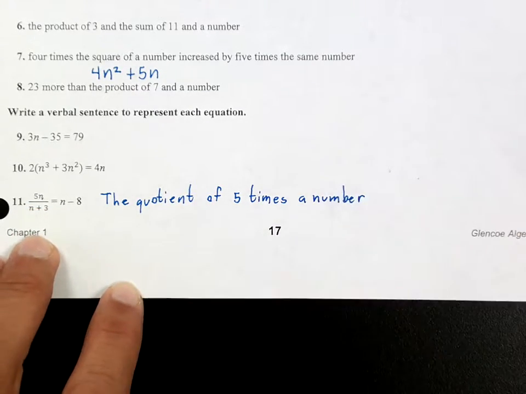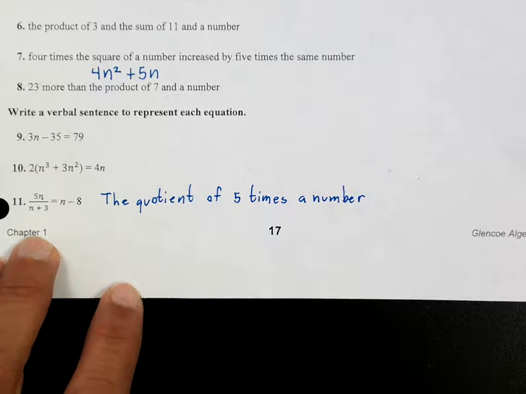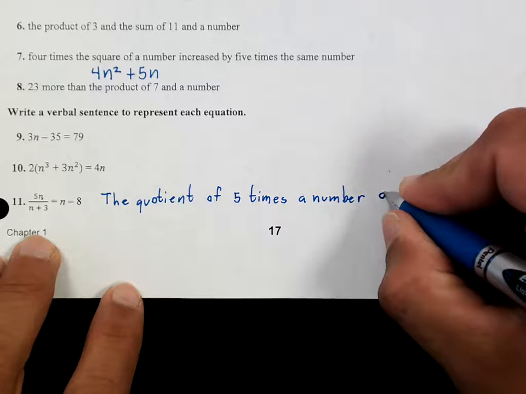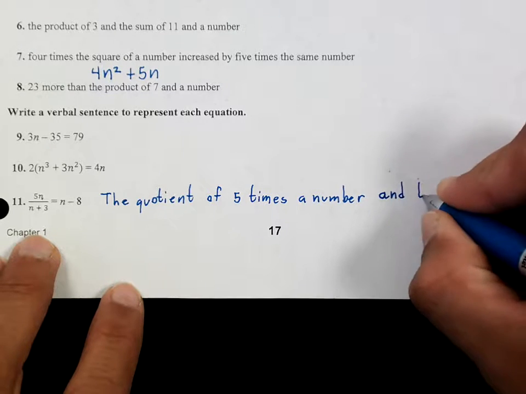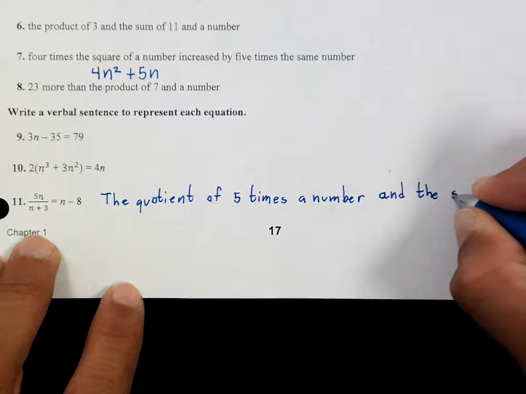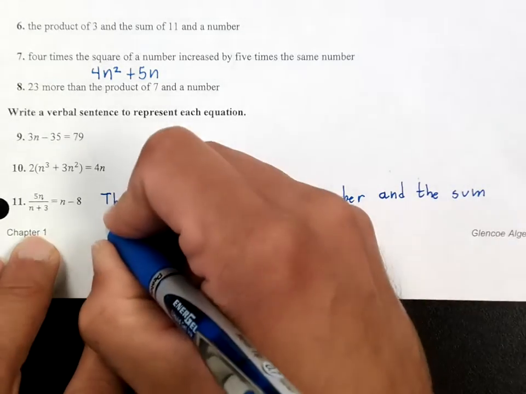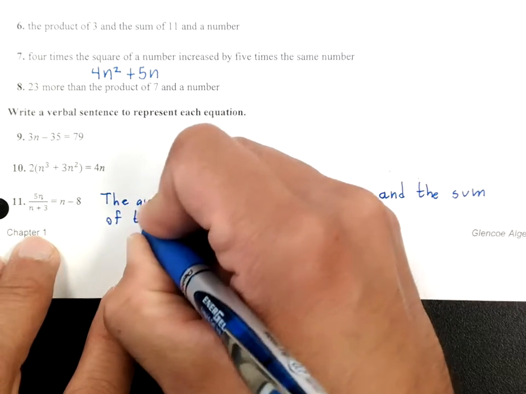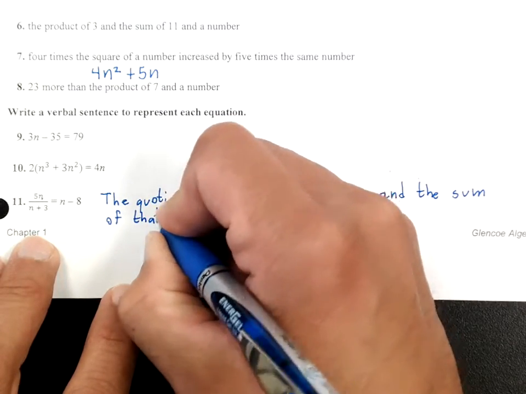Are you with me so far? So the quotient of 5 times the number and the sum of that number and 3.